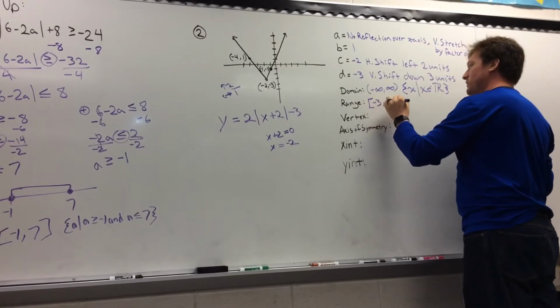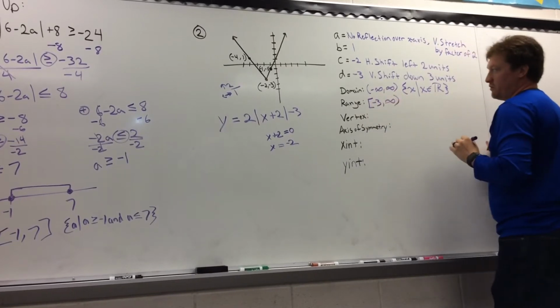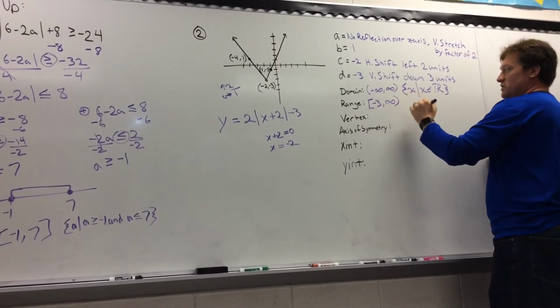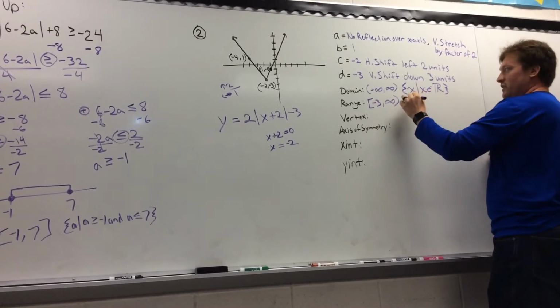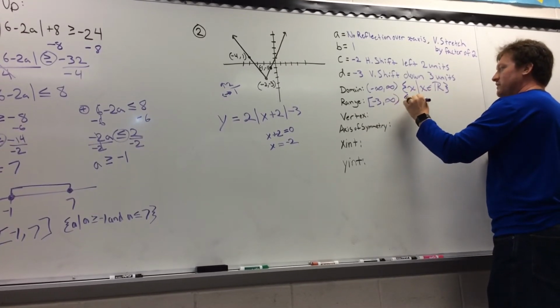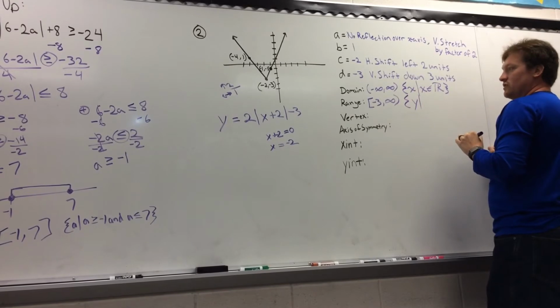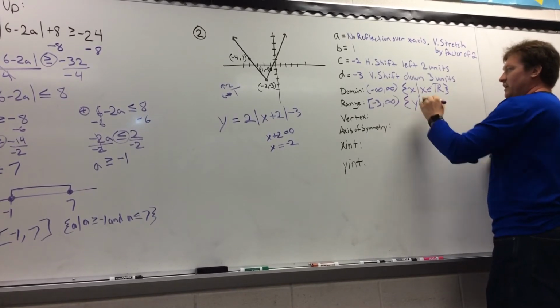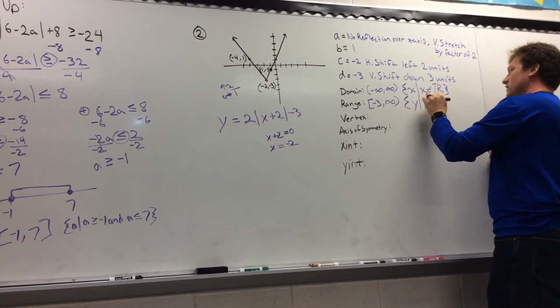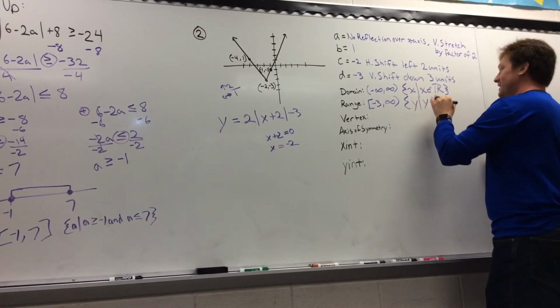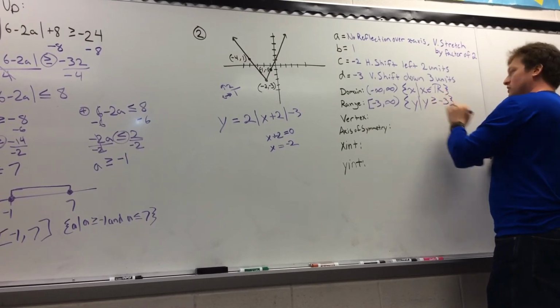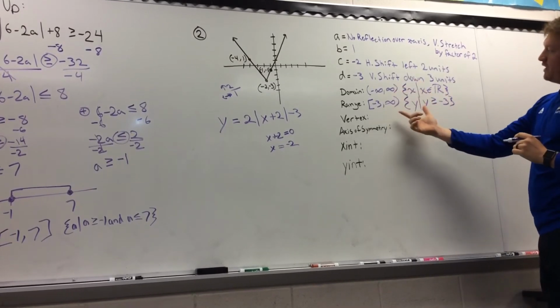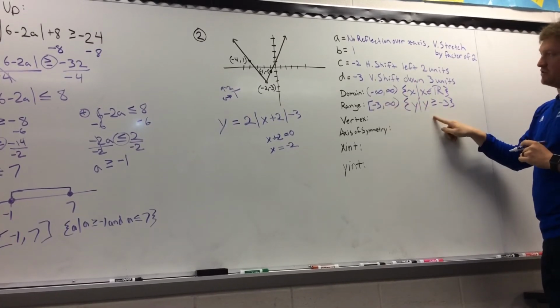We're going to go up to infinity. This is interval notation for the range. Set builder notation, we dealt with x's for domains, so that means that we're going to deal with y's for the range. The solution set of y such that y is greater than or equal to negative 3. Those are the 2 ways of showing domain and range with interval and set builder notation.